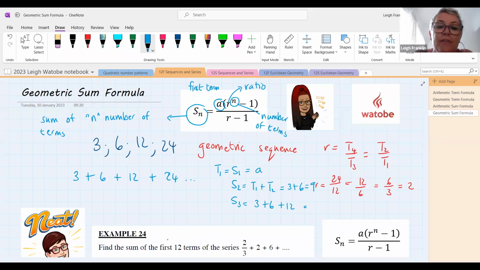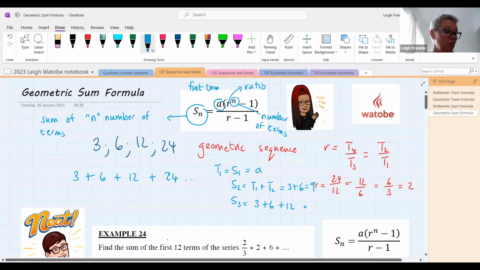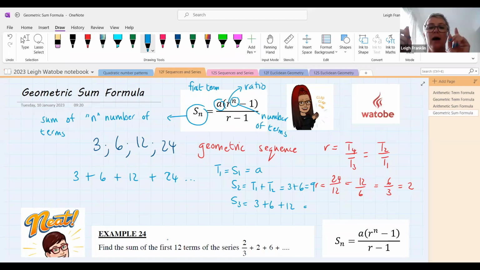Again, this formula is given to us. It's also given to us in a slightly different way, in that it is sort of turned around. I mean that it goes a, and then inside the brackets it's 1 minus r^n, and then at the bottom it's 1 minus r. That is not actually on the formula sheet, and you won't see it on the formula sheet that the Department of Education gives you at the end of the year either.